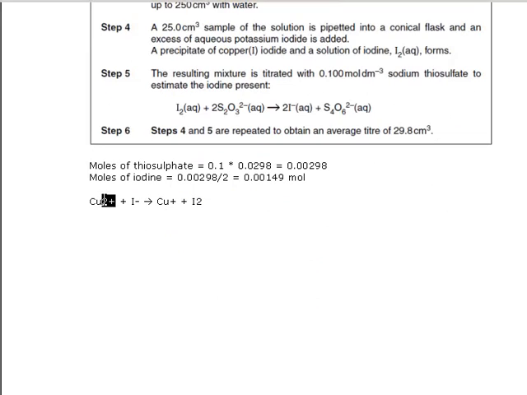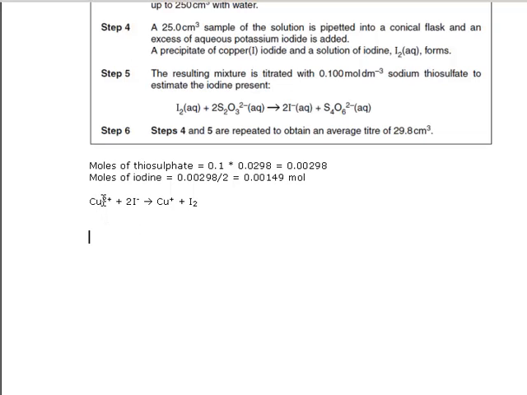Let's format it to make it pretty first of all. Chemistry is a pretty subject, we have to have pretty equations. Alright, let's get it correct. Now we can see from this that there are 2 iodine atoms in an iodine molecule, so we need 2I-.